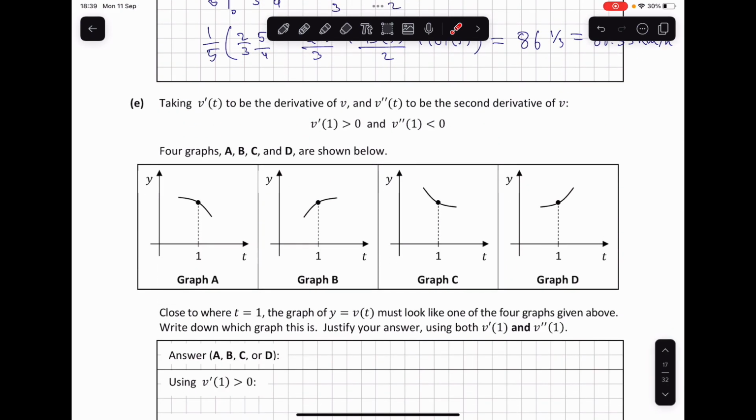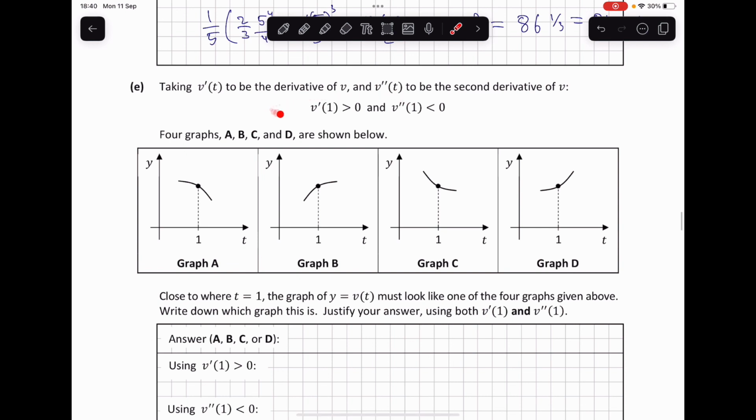So now, taking v dash of t to be the derivative of v, and v double dash of t to be the second derivative, v dash 1 is greater than 0, and v double dash 1 is less than 0. We're shown four graphs below, and we have to pick one of them given these conditions.